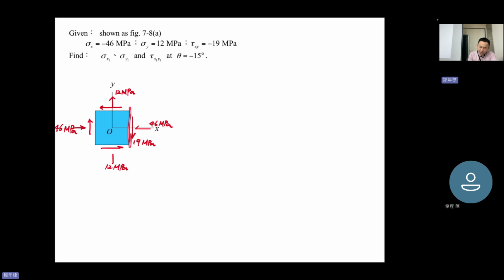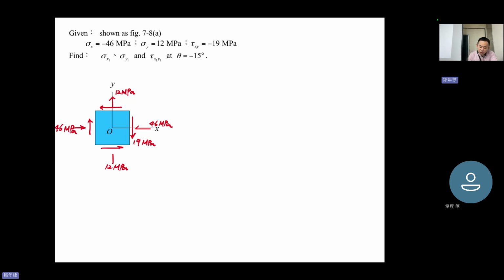You have a positive x surface, you have a minus direction in y, so you will have minus 19. Typically, we use the right-hand side as the main focus, the plane of focus. We typically use the right-hand side, so you can use that and fix the direction of the shear.